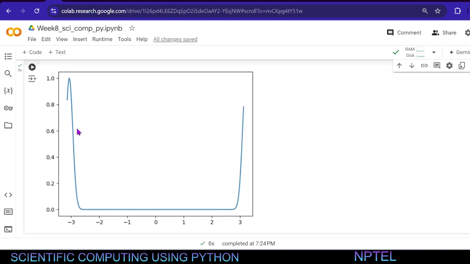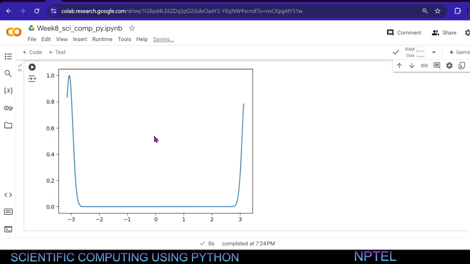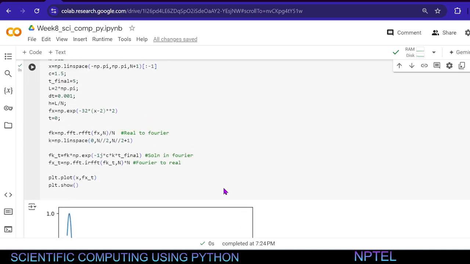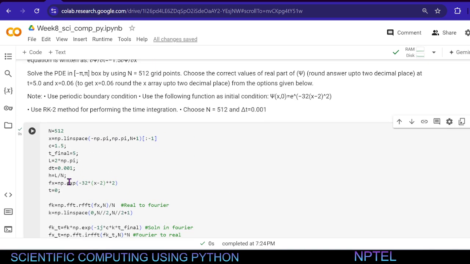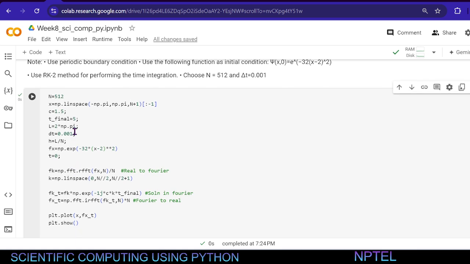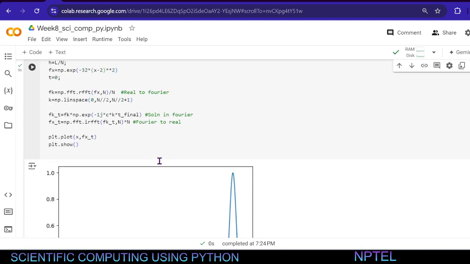Okay, so it's peaked at around minus 3, right? At 0 it was peaked at 2. So let's make t final close to 0, slightly positive. Let's keep it 0.5. So it should shift rightwards.